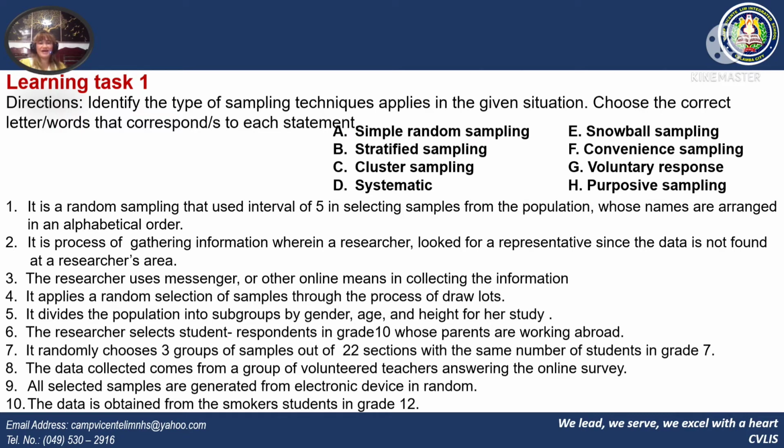Directions: identify the type of sampling technique that applies in the given situation. Choose the correct letter that corresponds to each statement.